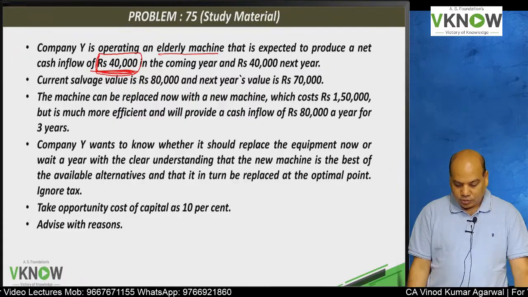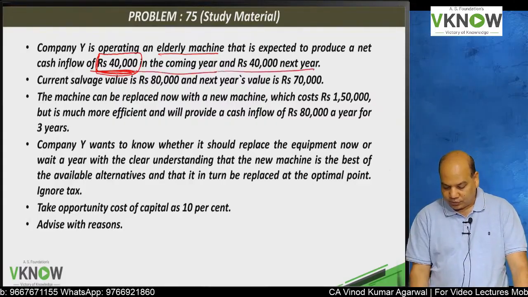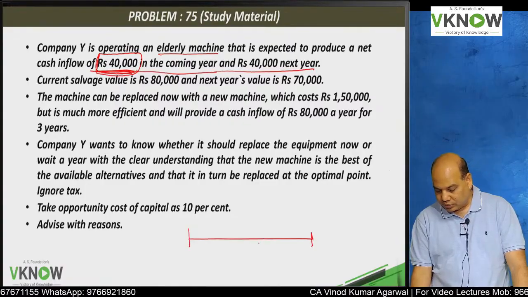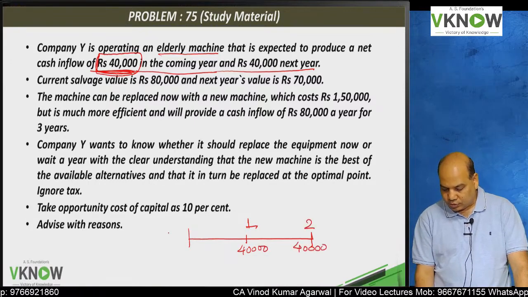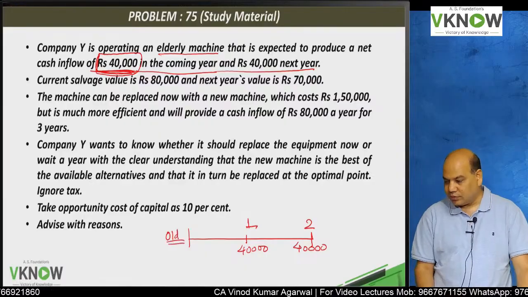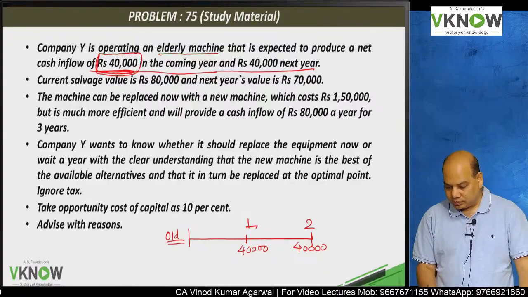Net inflow of rupees 40,000 in the coming year and rupees 40,000 next year, which means year 1 cash inflow will be 40,000, year 2 cash inflow will be 40,000 if you continue with the old machine.